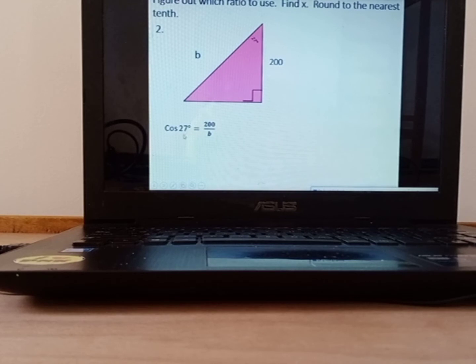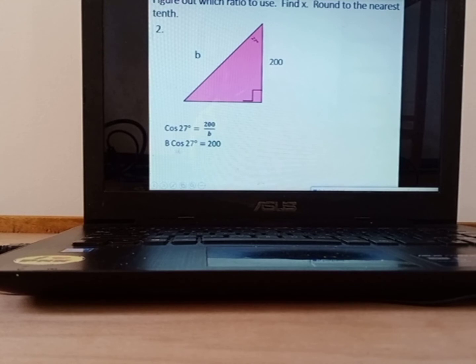So this is cosine 27 degrees, equal to 200, the adjacent, over the hypotenuse, B. Our next goal is to get the value of b. In order to get the value of b, we cross multiply our equation, which gives b cosine 27 degrees is equal to 200. In order to get b, we will have to cancel the cosine 27 degrees.